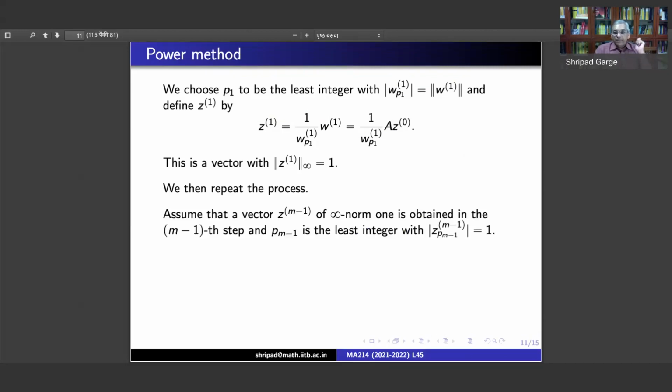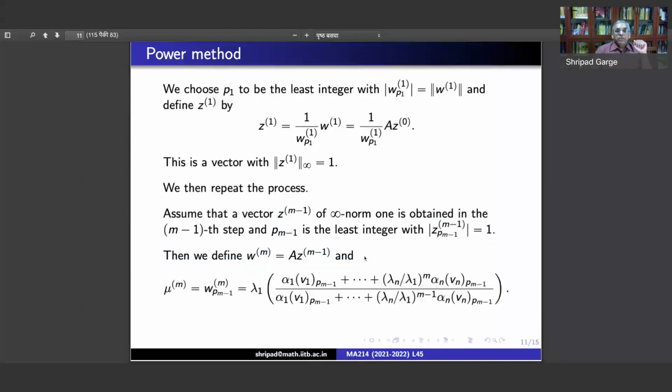What we will have at the end is that once you have z m minus 1, which is of infinity norm 1, and p m minus 1 is the least integer whose modulus is equal to 1, then we define wm to be A times this m minus 1th vector, and the mu m will be obtained by choosing the previous one under it.